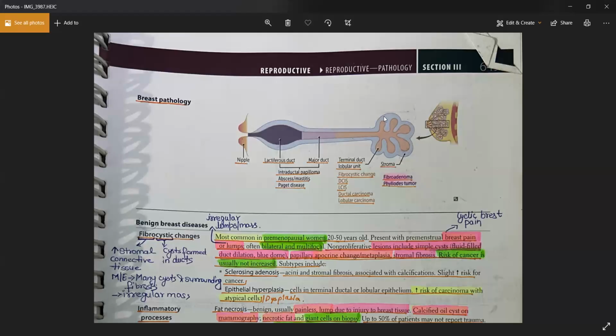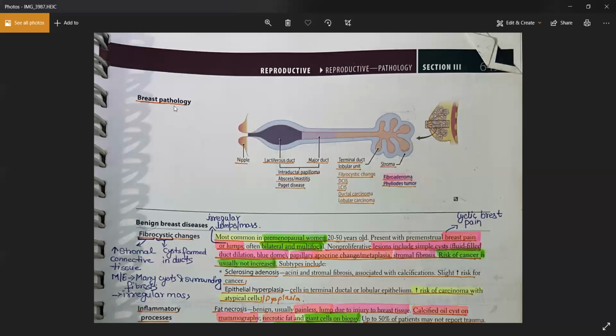Just like any other tissues, you will have a stroma here also. You will call it a stromal tissue. All of these ducts finally enter into the major duct, and that major duct finally enters into the lactiferous duct, and this lactiferous duct or sinus will ultimately open at the nipple. That's how the breast is organized.